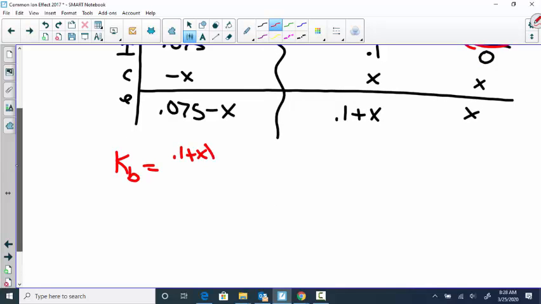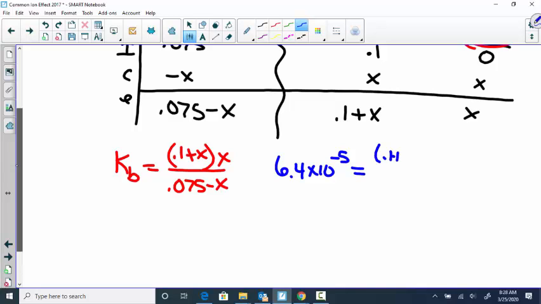So the Kb is 0.1 plus x times x all over 0.075 minus x. And the Kb of this is 6.4 times 10 to the minus fifth. That equals 0.1 plus x times x all over 0.075 minus x.